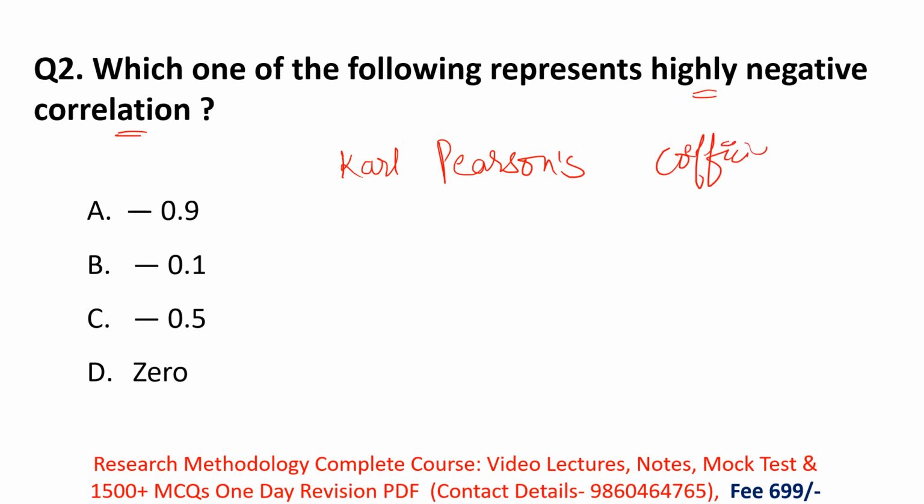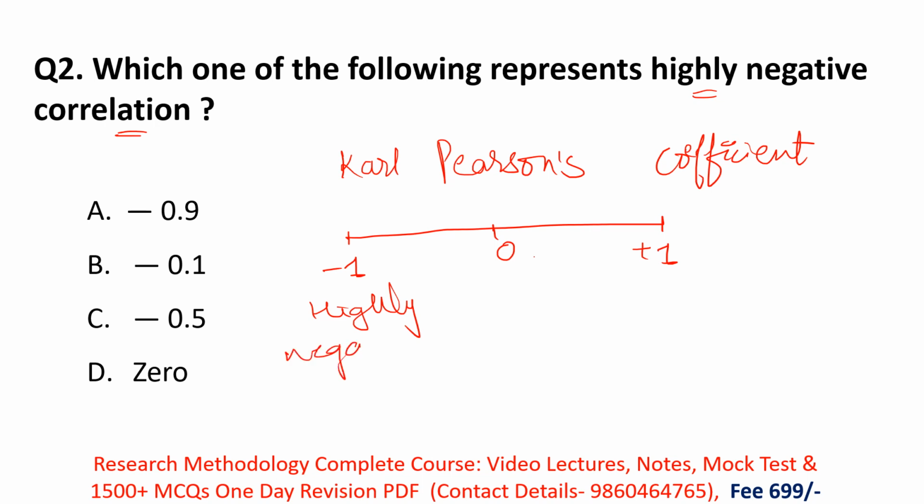This coefficient tells us whether the variables are highly negatively correlated or highly positively correlated. Karl Pearson's coefficient values lie between -1 and +1, and in the middle there is a 0. -1 means there is a highly or perfectly negative correlation between the variables. +1 means there is a highly or perfectly positive correlation between the variables.